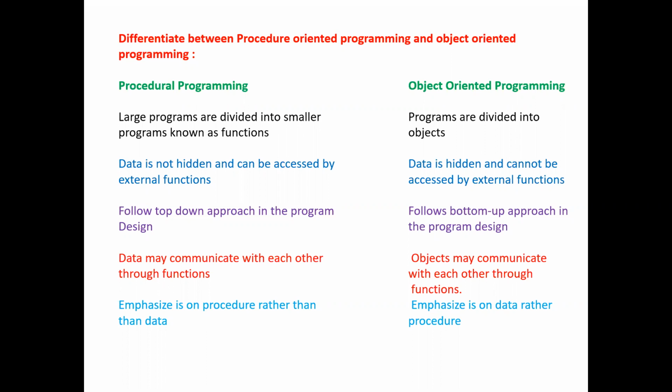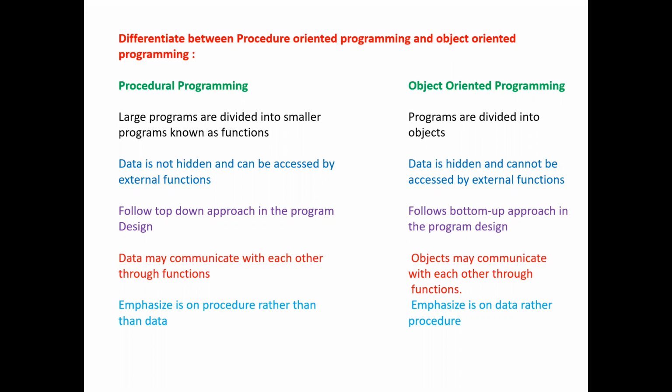Then second difference. In procedure oriented programming, data is hidden and can be accessed by the external functions. Data is hidden, but it can be accessed by non-member functions. That is, external functions can be used to access the data in procedure-oriented programming. Whereas in object-oriented programming, data is hidden and cannot be accessed by external functions.